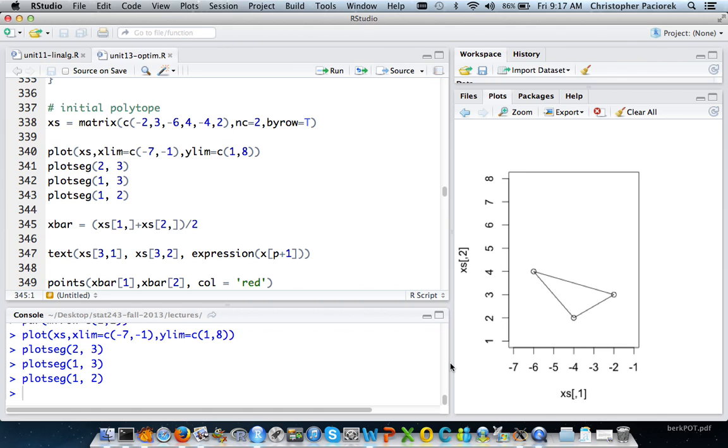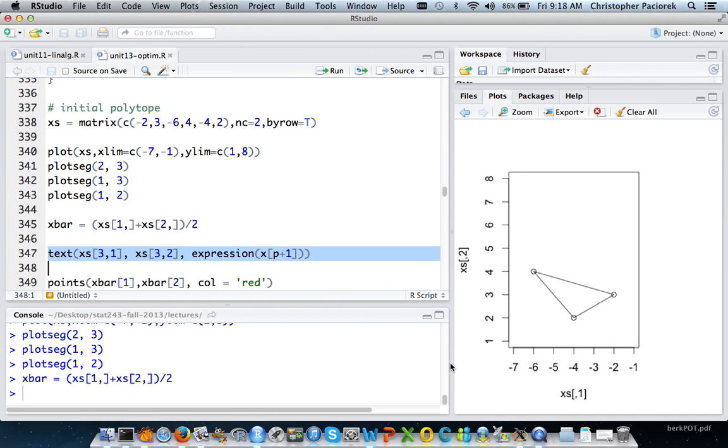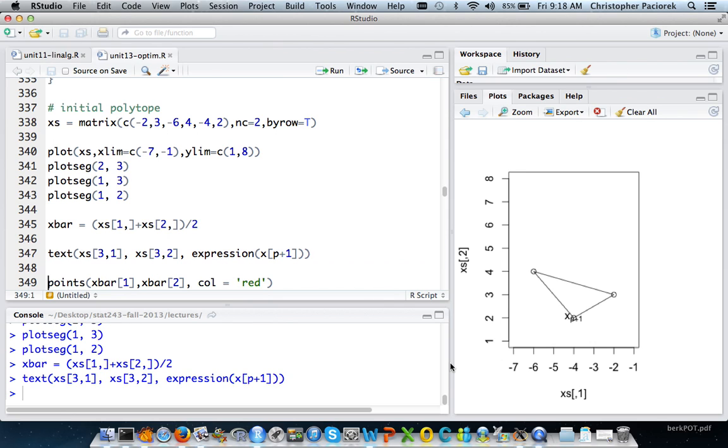Okay, so the idea is I'm going to find the mean point. Suppose this is where the function we're trying to minimize is smallest, and suppose this is where the function is largest. So we're going to find the mean of the other points. So this is going to be x_{p+1}.